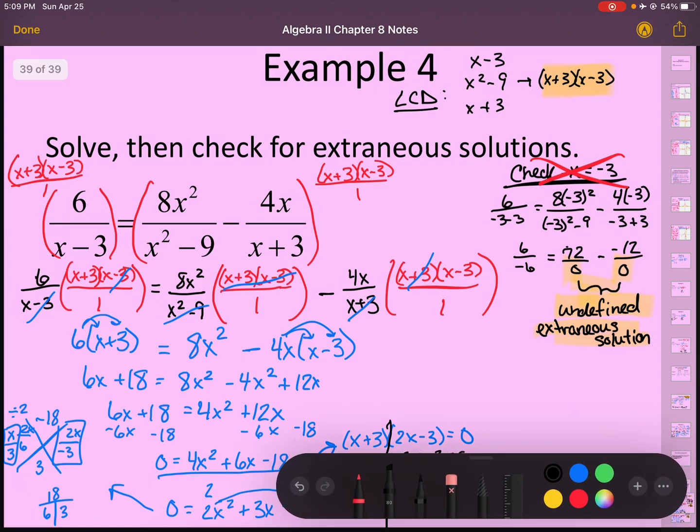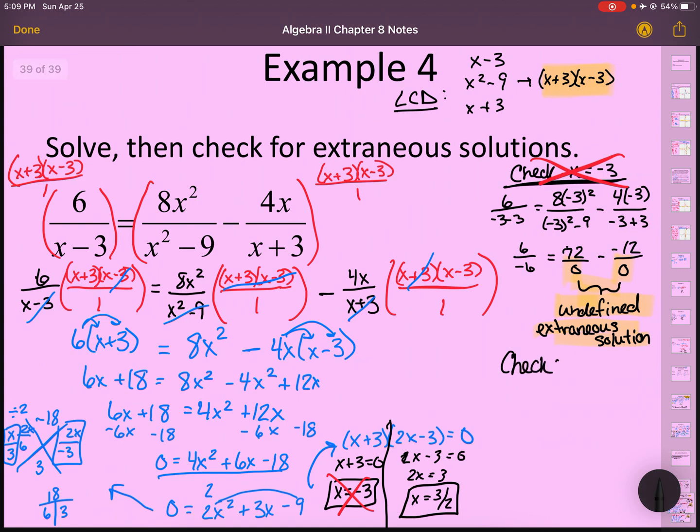And if we check for x being 3 halves, okay, this is 6 over 3 halves minus 3 equals 8 times 3 halves squared, all over 3 halves squared minus 9, minus 4 times 3 halves, all over 3 halves plus 3.